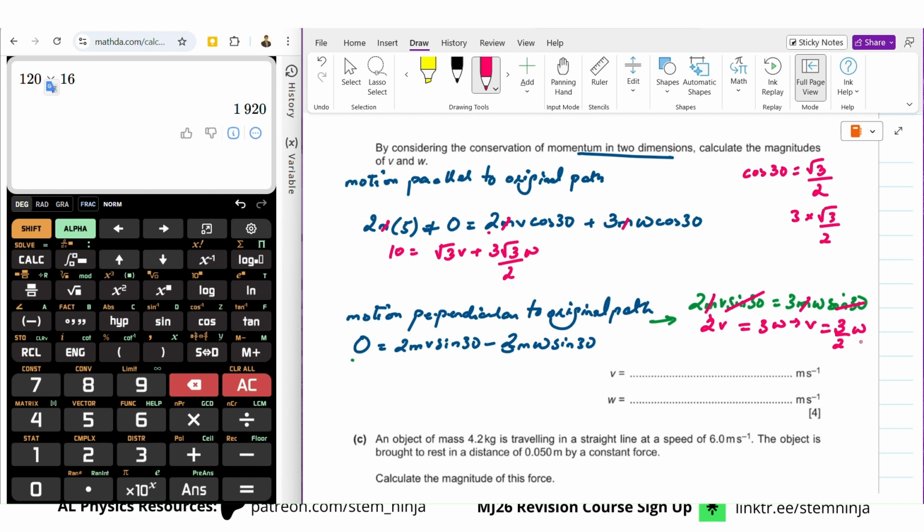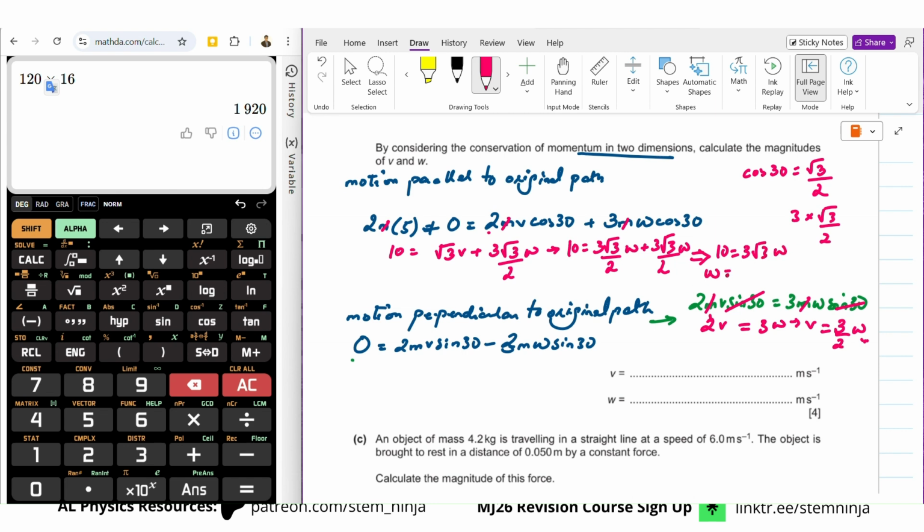Now, when we plug v as 3 by 2 w over here, so 10 equals 3 root 3 over 2 w plus 3 root 3 over 2 w. This simplifies to just 3 root 3 w. So 10 equals 3 root 3 w.